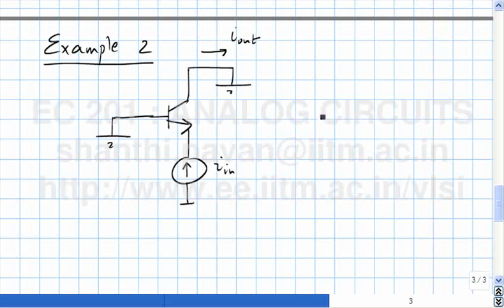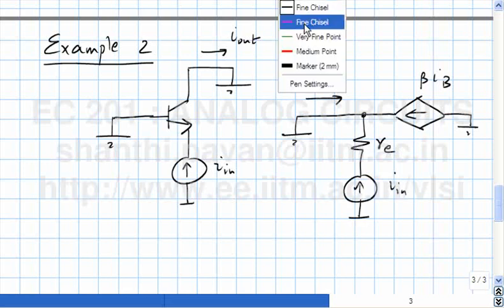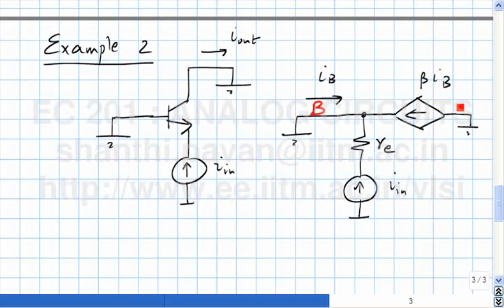Today let's try the same thing with this new model, with beta IB, IB, RE, and IN. This is the base, this is the collector, this is the emitter.